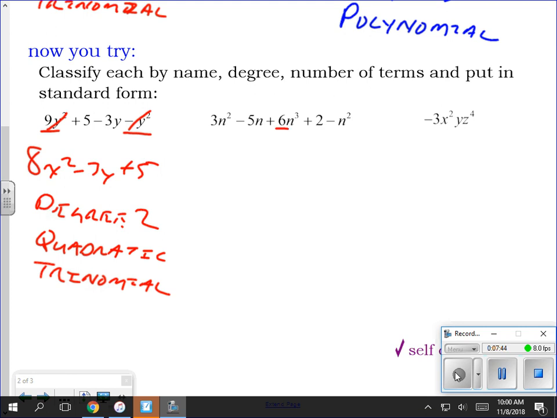So this one here, I have 6n cubed, and then I have n squared and an n squared. 3n squared minus 1n squared gives me 2n squared, and then negative 5n, and then plus 2. This has a degree of 3.